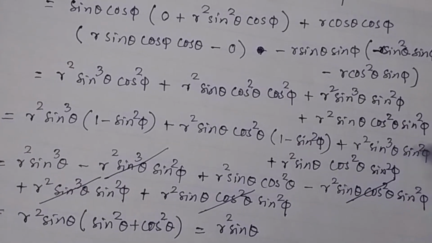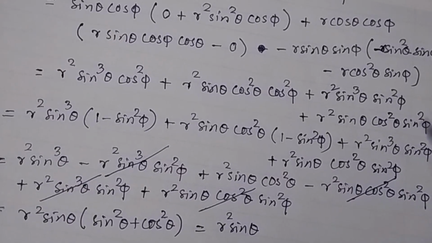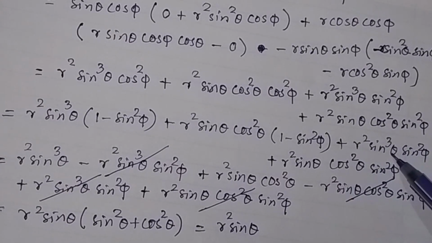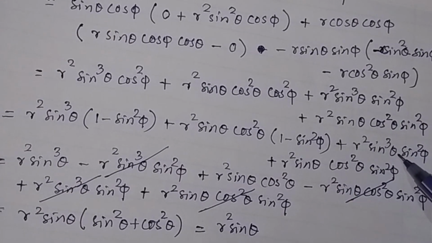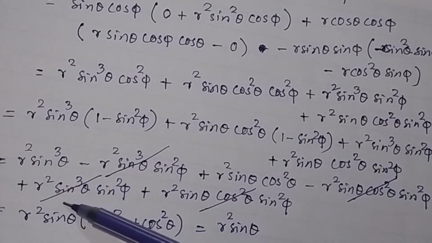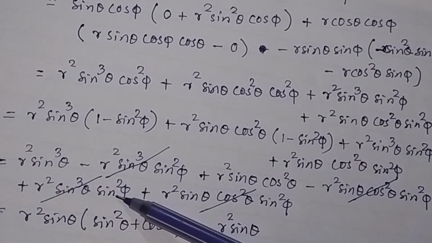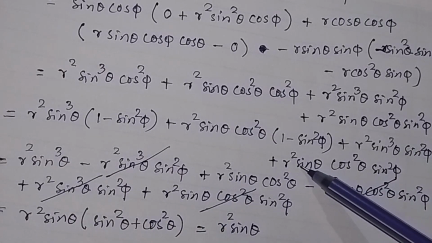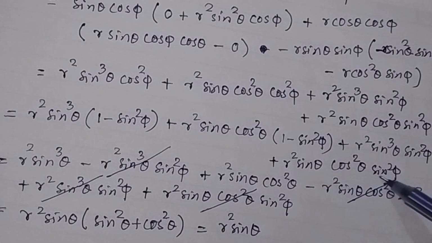Then for this term, this will be r square sin cube theta into sin square phi. The next term is r square sin theta cos square theta sin square phi.